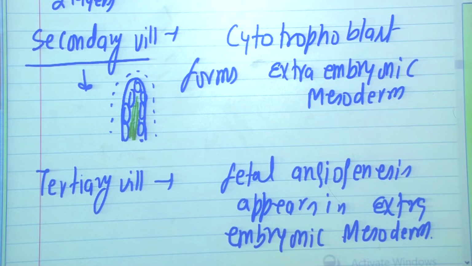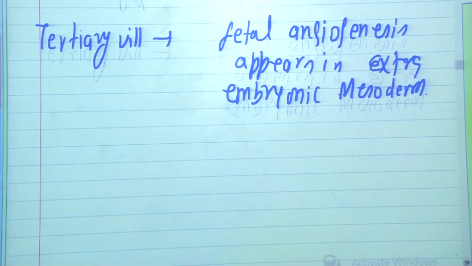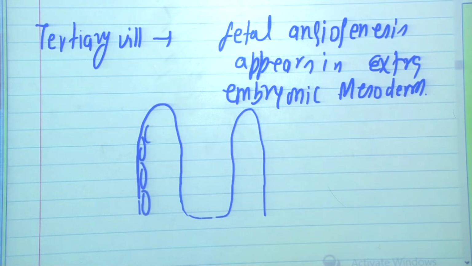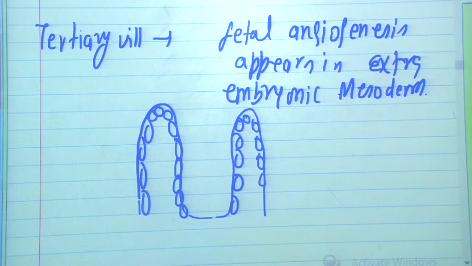So, see what happens. This is the villi, lined by cytotrophoblast. This is the syncytiotrophoblast.